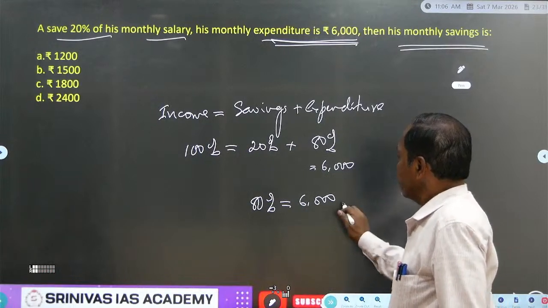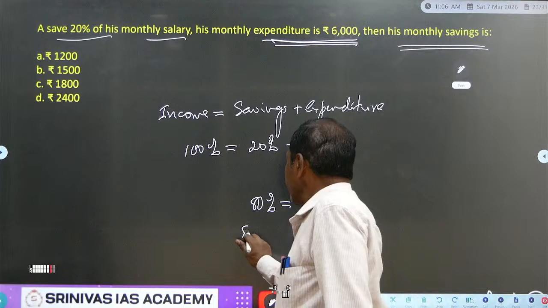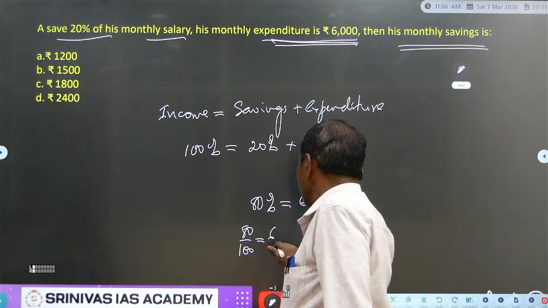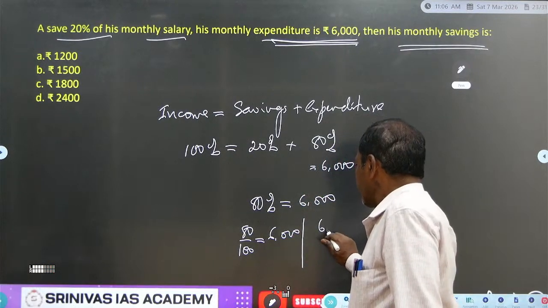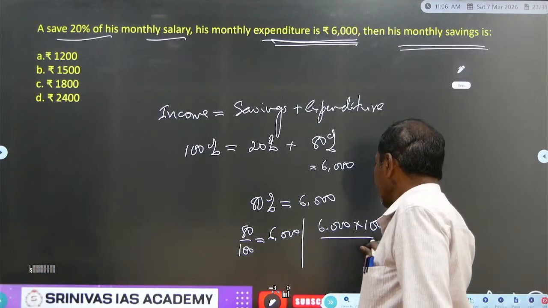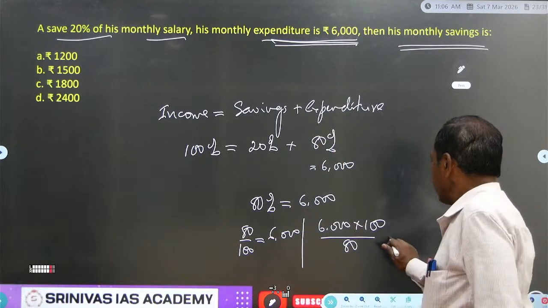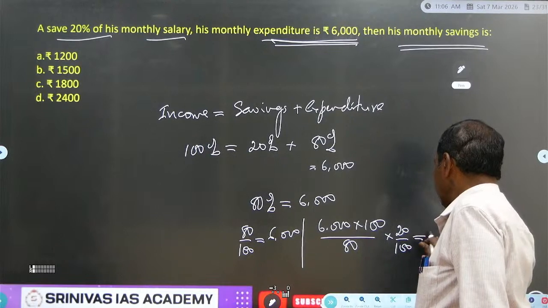If you do this, you will get the income. 80 by 100 equals 6,000. What is the next step? Cross multiply. 6,000 into 100 by 80. You will get the original salary. But savings is what? Into 20%. Right.